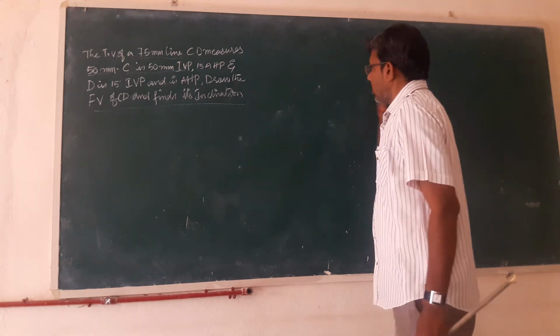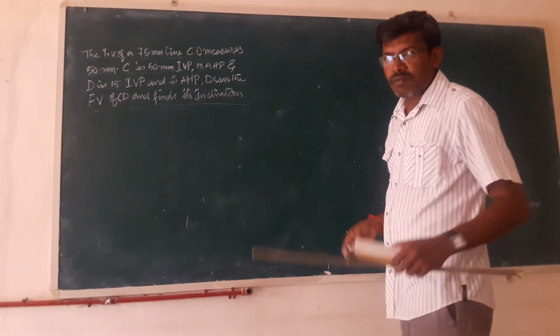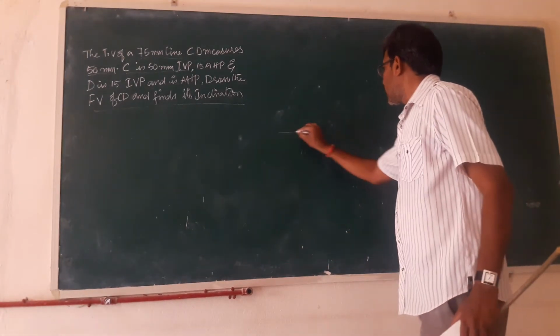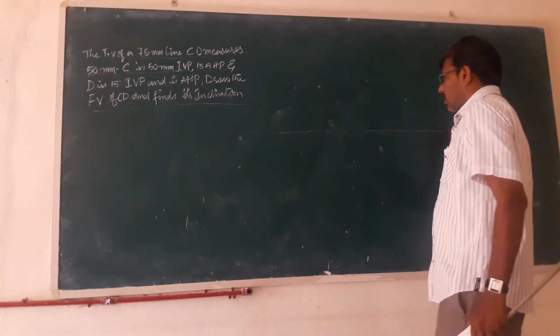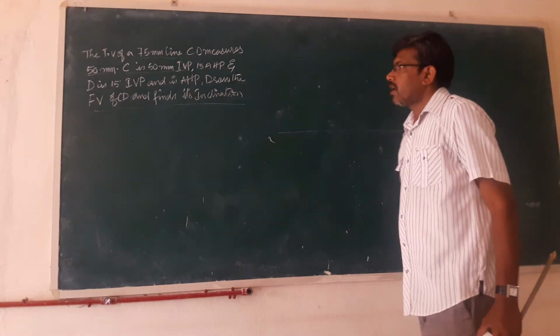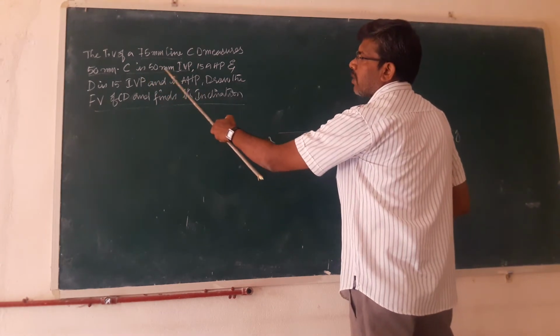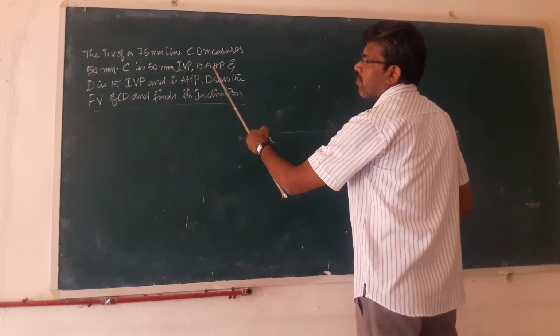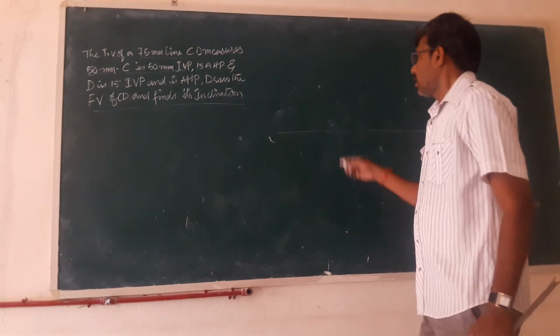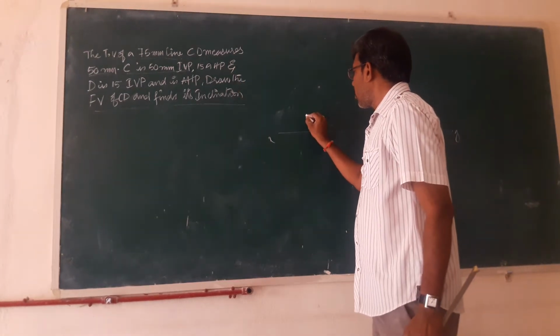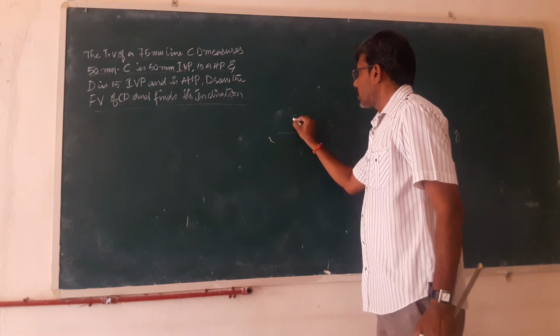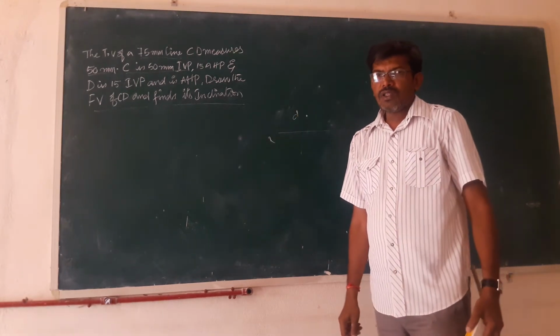So first of all, as usual, you will take a line XY and locate the point C, that is 50 mm in front of the vertical plane and 15 mm above the horizontal plane. So first I will take 15 mm above the horizontal plane, that is C dash. This is already known.